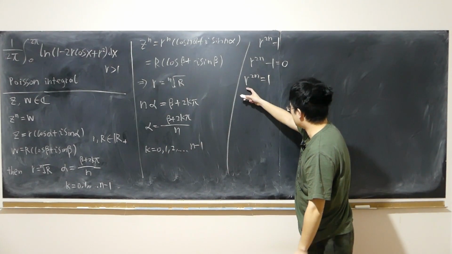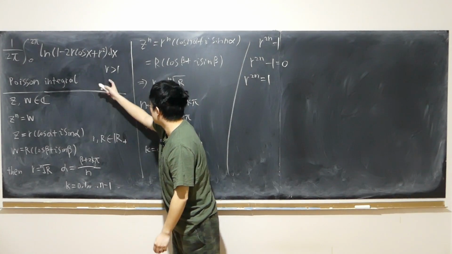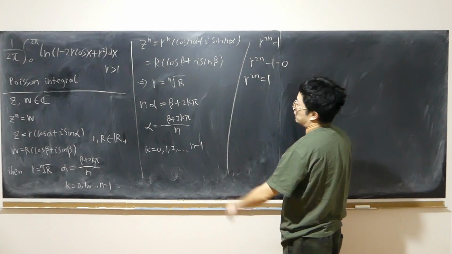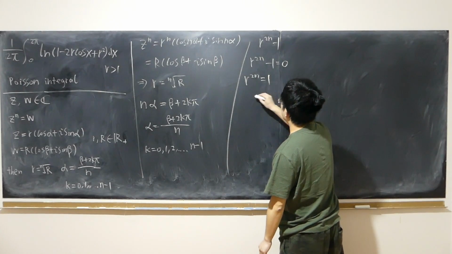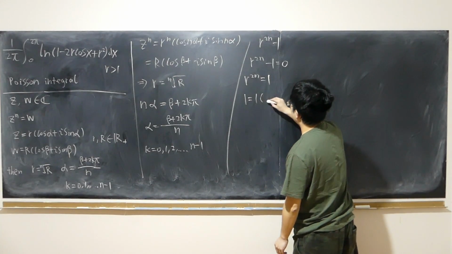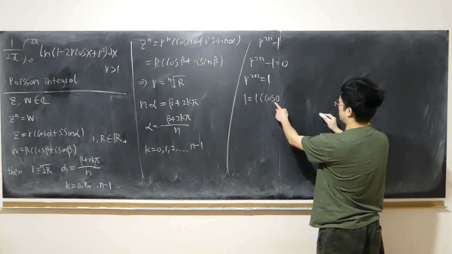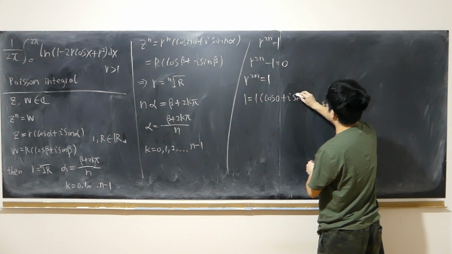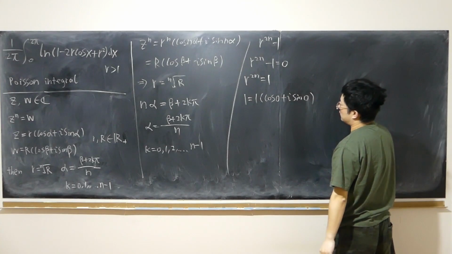Of course, this r is different from that r. According to this lemma, first, remember 1 can be written as 1 times cosine 0, and cosine 0 is just 1, plus i times sine 0, and sine 0 is also 0, so this is fine. This is written in polar coordinates.